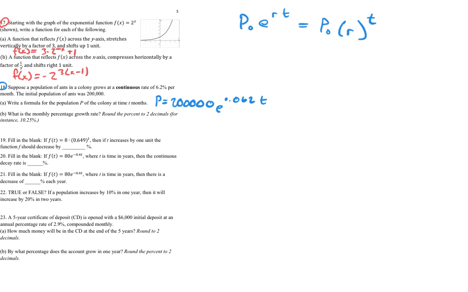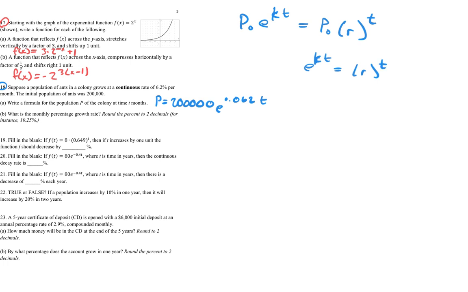Whenever we solve for this, we can immediately divide out our initial populations on both sides, and then we get that e to the kt, where k is what we often denote our continuous rate as, is going to equal r to some power t.